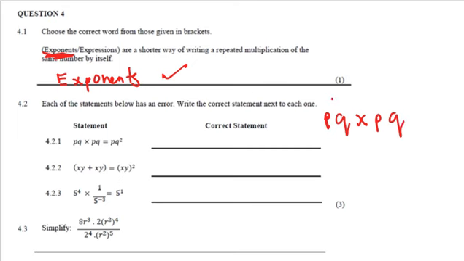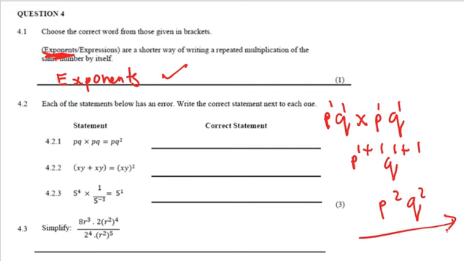P times P, you take P and 1 plus 1. Q, you take Q and 1 plus 1. So you have P squared Q squared. This is the correct answer. How is this one? This one is P Q squared. It's not the same as this one. So this is wrong.